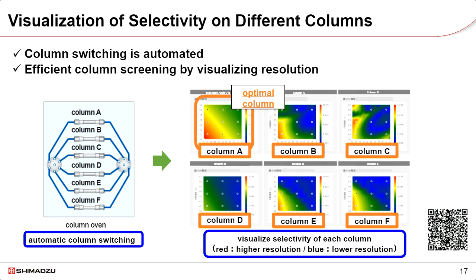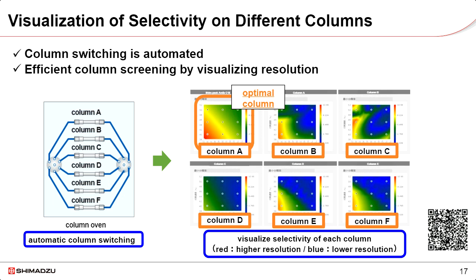Red indicates an area of either optimal evaluation value, resolution, or peak count number. Those are the typical visualizations that are available at a click. The more blue we see, the less optimal that space is. In fact, we may get no separation in those spaces.